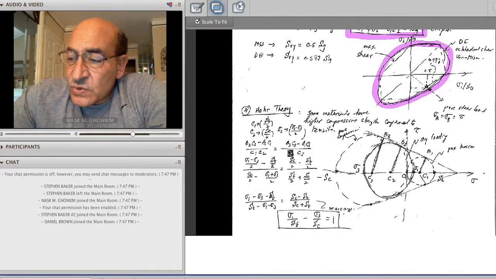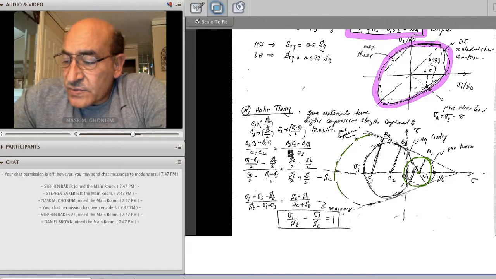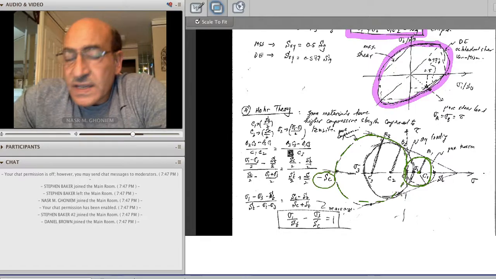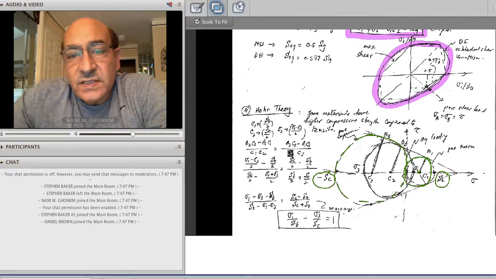So with this idea, Mohr considered my circle here for pure tension, and then my dotted circle here for pure compression, at minus S compression, which is much larger than S tension.